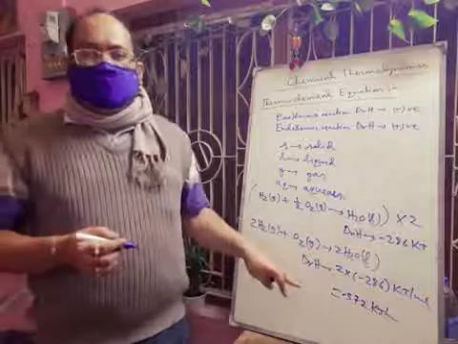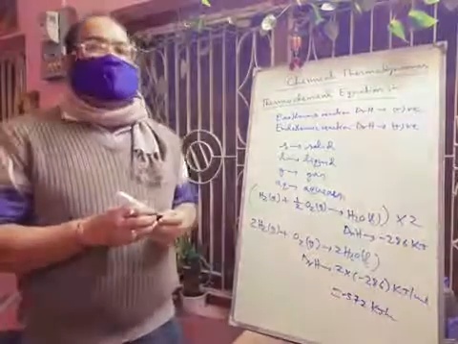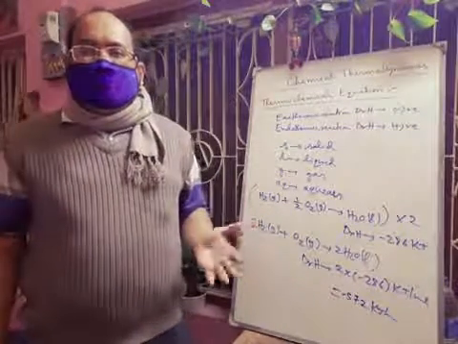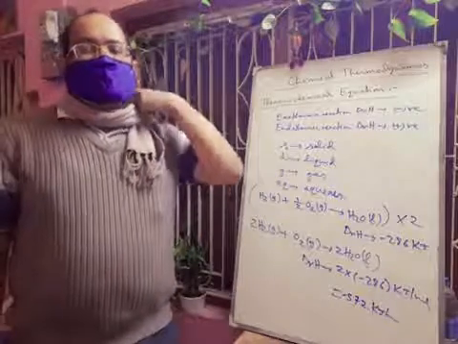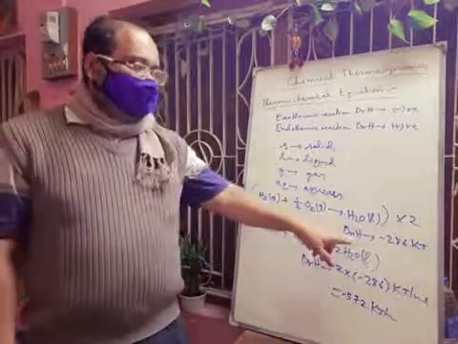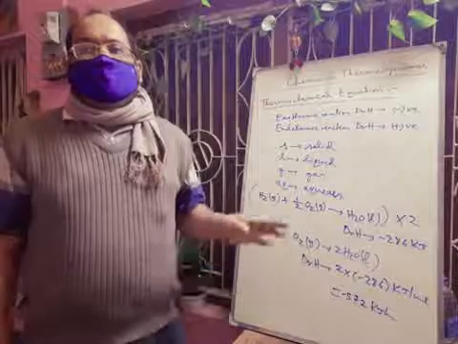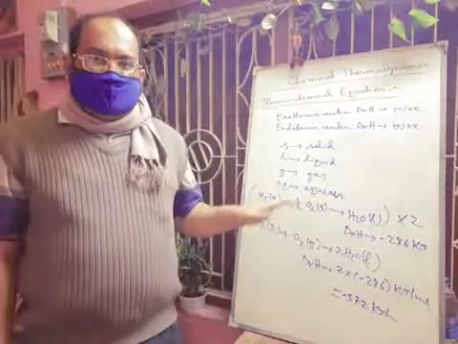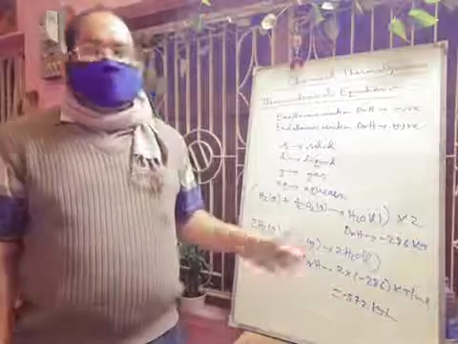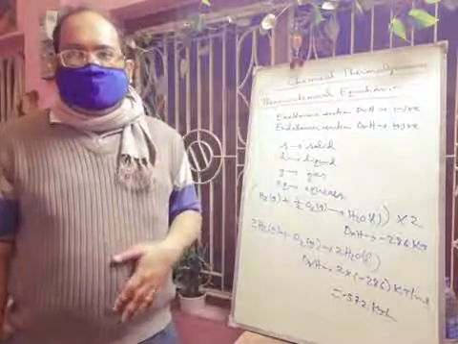So this will be your answer. And when a chemical equation is reversed, the magnitude of delta RH remains the same, but the sign will be changed.